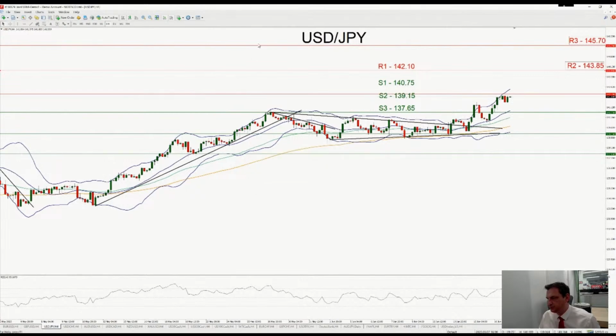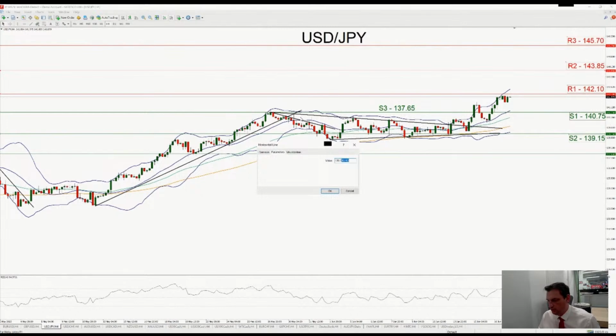143.85 remains. Let's have a look at the R2. 142.10. 140.75. 139.15.